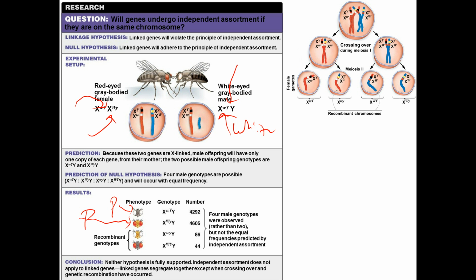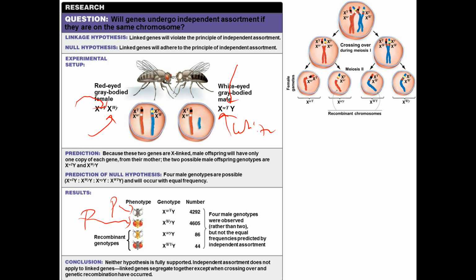You see about 4,292 gray-bodied, white-eyed flies, 4,605 yellow-bodied, red-eyed flies, 86 yellow-bodied, white-eyed, and 44 gray-bodied, red-eyed flies. These are only the males.